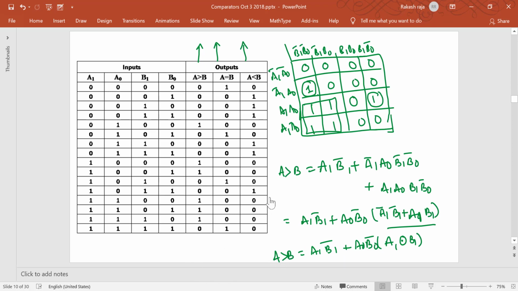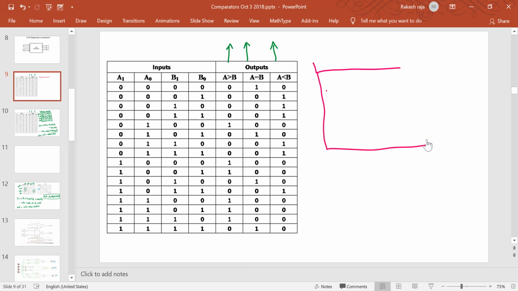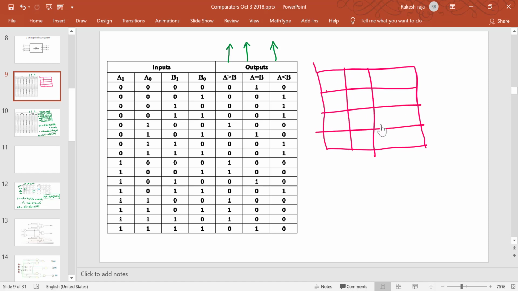Similarly, if we write it for A equals to B, you are going to get 1 0 0 0, 0 1 0 0, 0 0 1 0, 0 0 0 1.